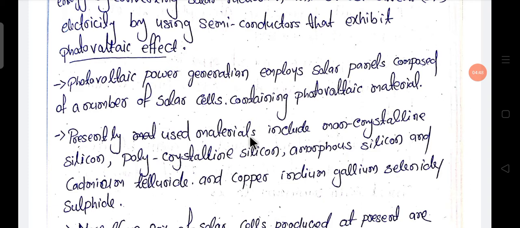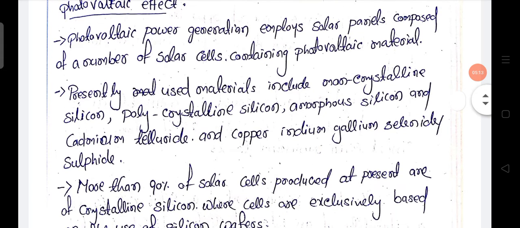Presently used materials include monocrystalline silicon, polycrystalline silicon, amorphous silicon, cadmium telluride, and copper indium gallium and so on. These are used as the photovoltaic semiconductor in the solar cell.